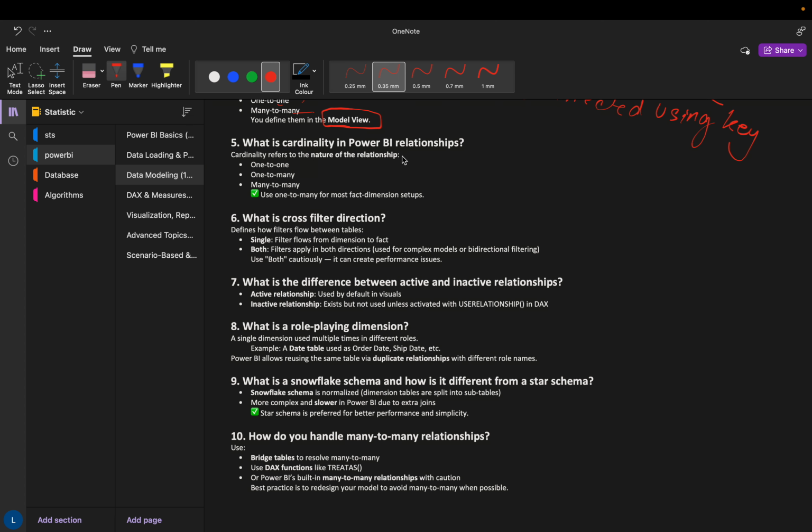It can be either one-to-one, one-to-many, or many-to-many. Normally the most used case is one-to-many, that is the fact and dimension setup.